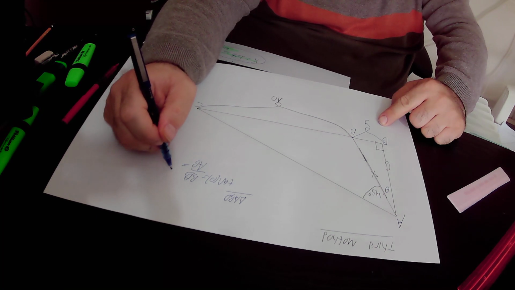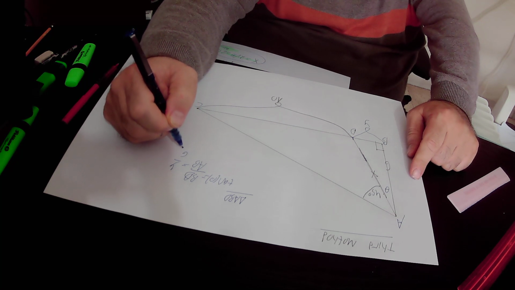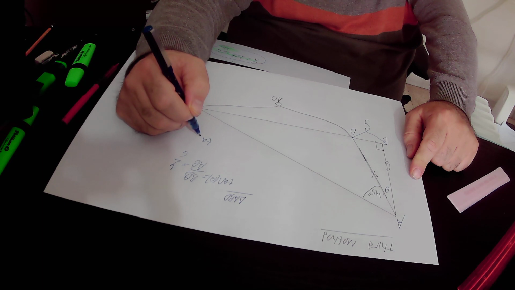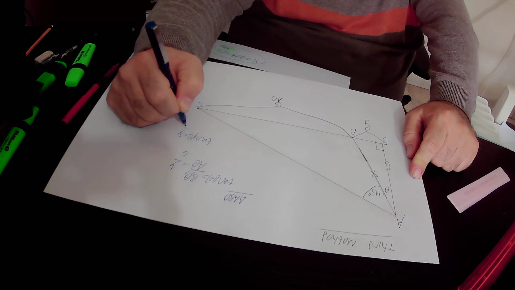BD equals Y according to our definition, AB equals 6 according to what is given in the question. So in conclusion, we found out that in the right triangle, triangle ABD, tangent theta equals Y over 6.